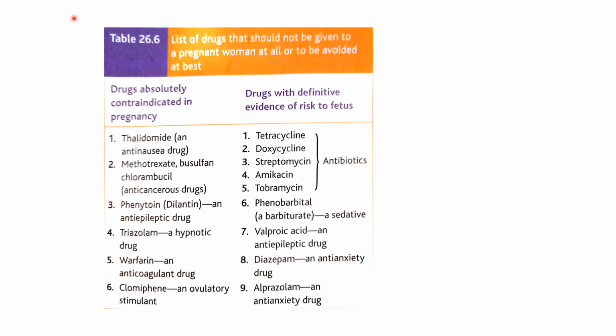Every doctor should be aware of the following drugs which have a tendency to cause teratogenesis. Whenever you are treating a pregnant woman, whatever the clinical condition she comes with, you should avoid these drugs which have a high tendency to produce teratogenicity in the fetus developing within the womb of the female.